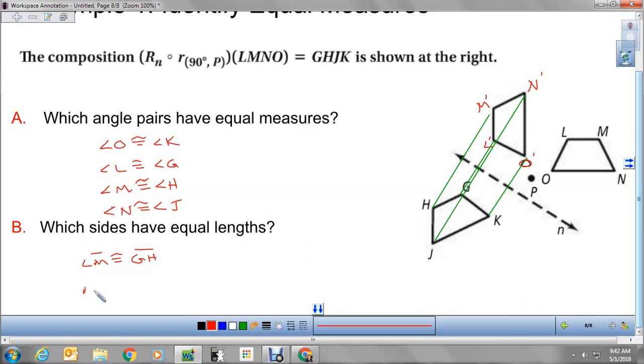And then we look at M and N, it's going to match up with H and J. And then we have N to O is going to match up with J and K. And the last one here is going to be L and O matching up with, over here, G and K. So the picture here is to kind of show you how this works, but remember we can always look at our congruency statement in order to figure out what things match up.